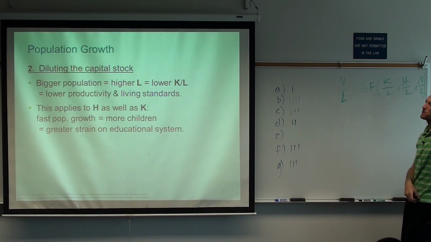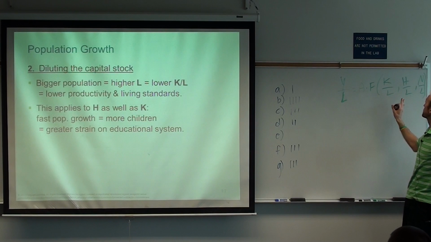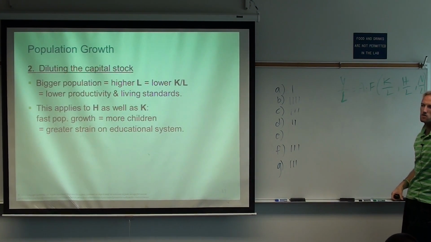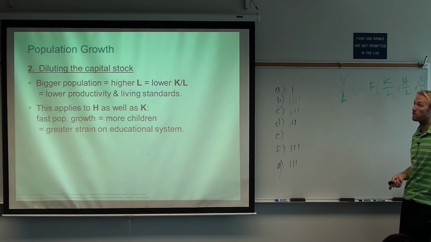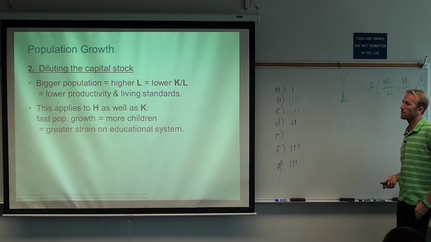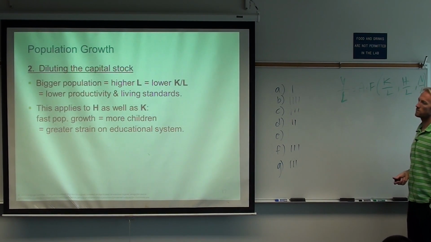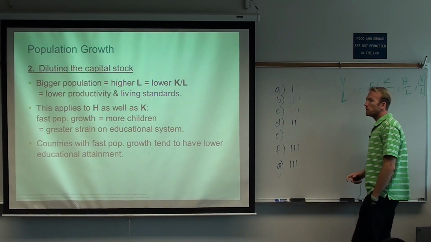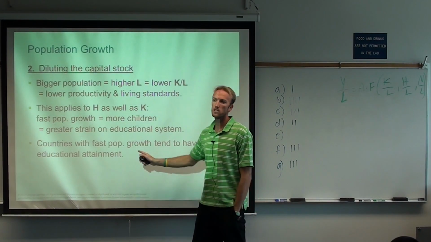Anytime I have a fast population growth, I'm going to have, for example, in the educational world, more children and a strain on the educational system, and so H over L might be falling. And it is true that countries with fast population growth tend to have lower educational attainment.